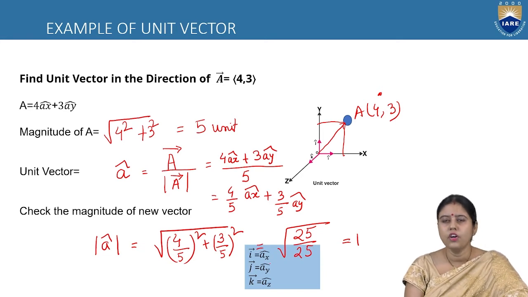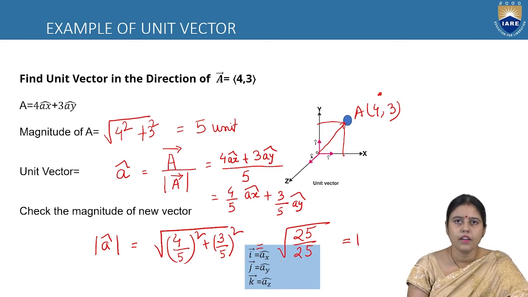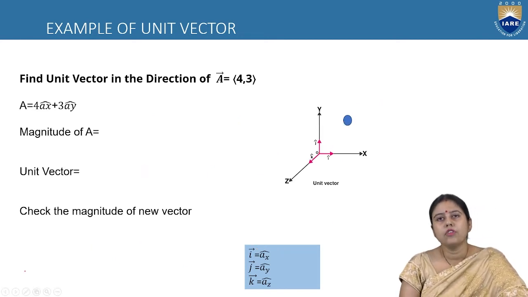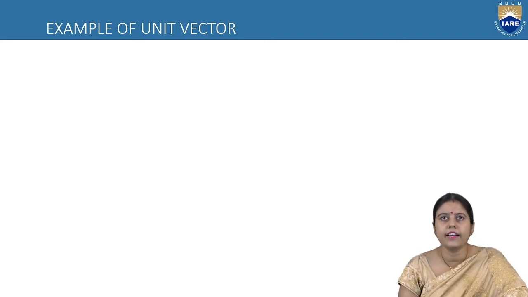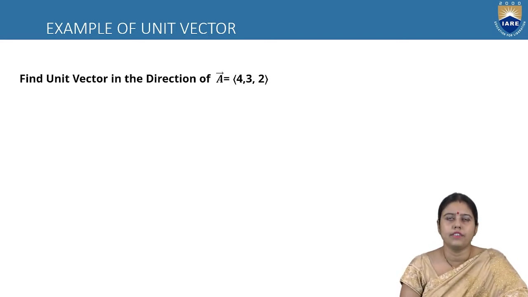And as I told, we can write ai is equal to ax, j means y-axis, we are writing it as ay, and z is az. Okay, so next slide. We will go to another example of the unit vector.